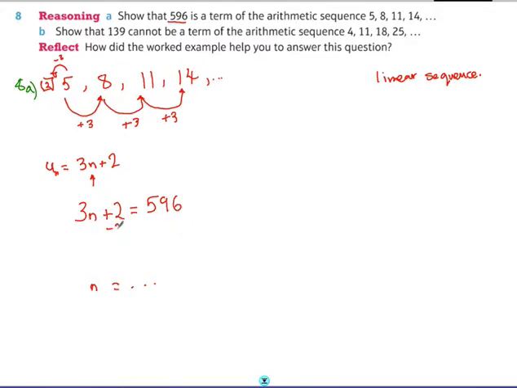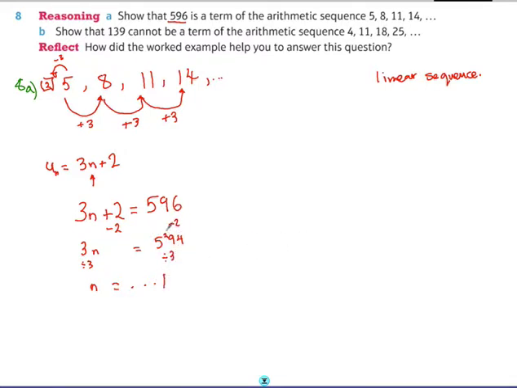So let's solve. Subtract 2 on both sides, so we get 3n is equal to 594. And we divide by 3 on both sides.